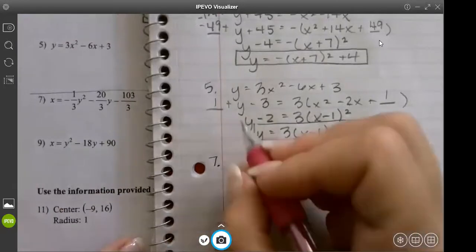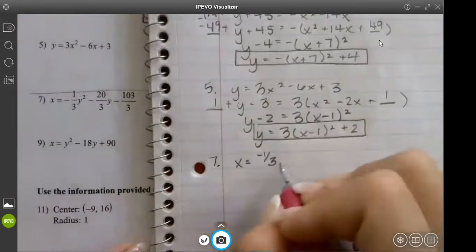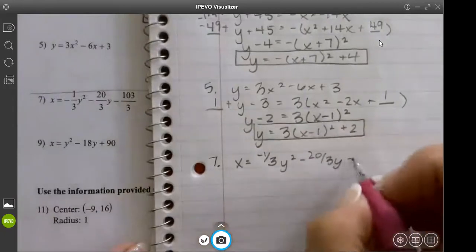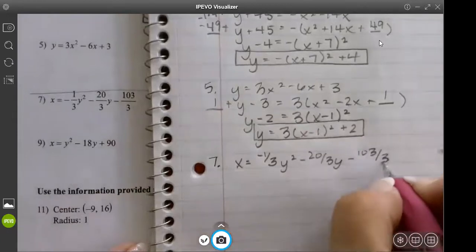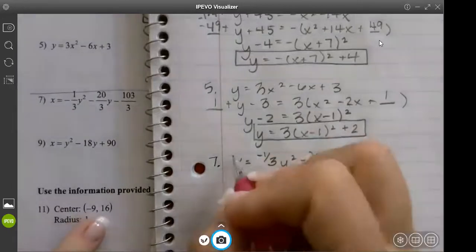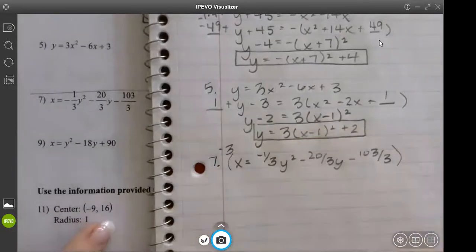I'm going to go ahead and do 7. Just go ahead and get this column out of the way. Negative 1/3 y squared minus 20 over 3y minus 103 over 3. I don't like having the fractions, so I'm going to multiply everything, and since it's a negative 1/3, by negative 3.